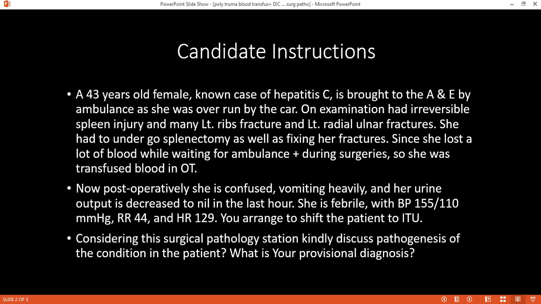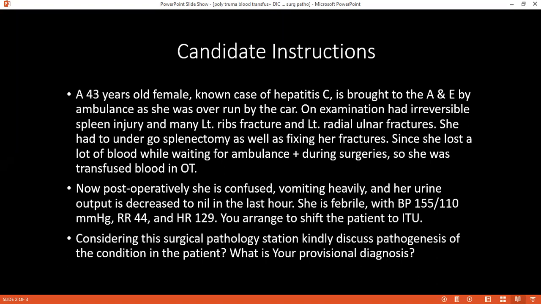If you have read and understood, kindly discuss the pathogenesis of this condition in the patient. What is your provisional diagnosis? A patient presented with severe hemorrhage and blood transfusion. There is maybe a post-transfusion blood reaction and massive blood transfusion.